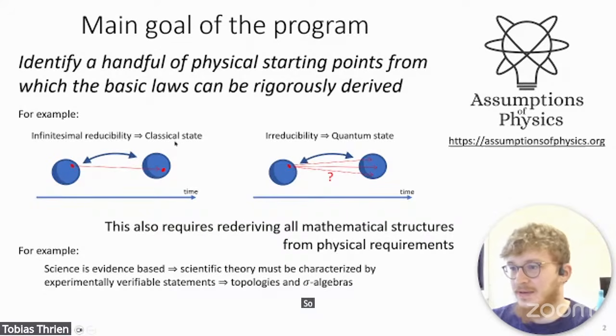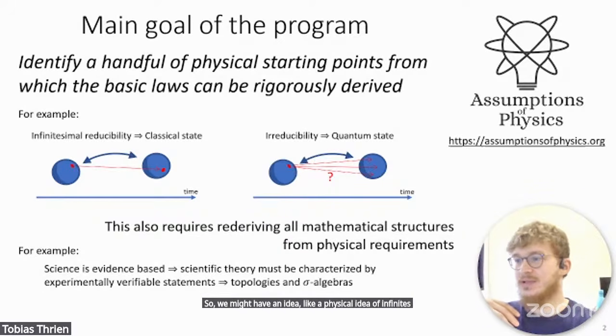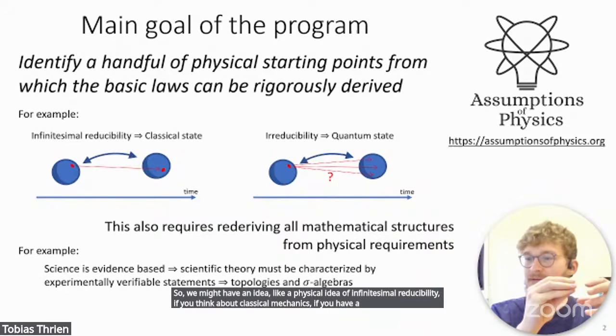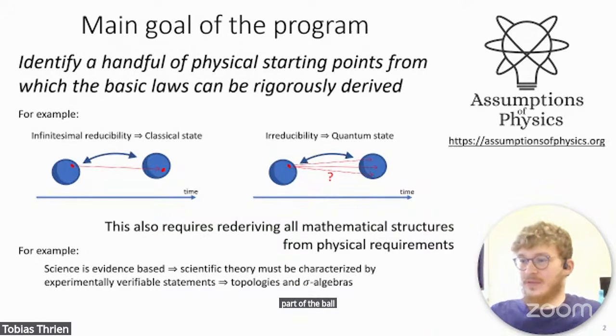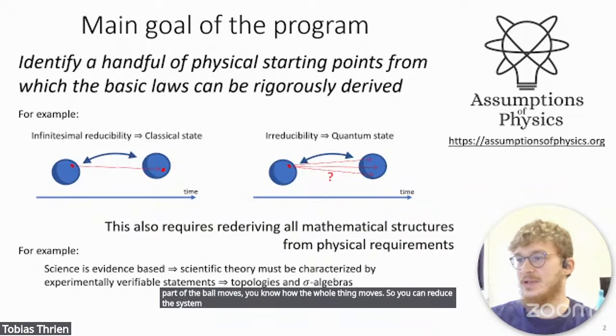So we might have a physical idea of infinitesimal reducibility. If you think about classical mechanics, if you have a ball, you can mark a single point on it and study how it moves. And if you know how each individual part of the ball moves, you know how the whole thing moves. So you can reduce the system infinitesimally.